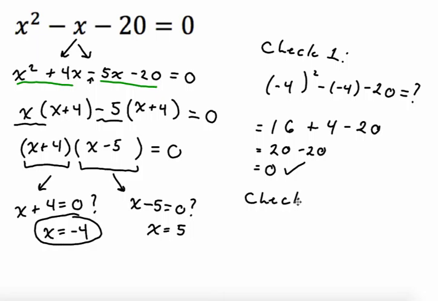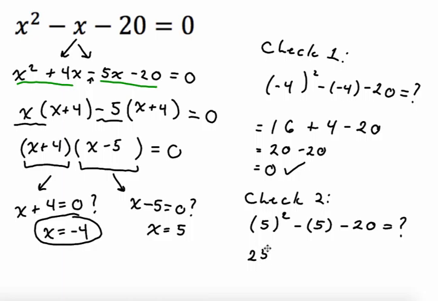Okay, so that's 1, but we need to check 2 of them. So check number 2. Now, what if x were equal to 5? Well, it'd be 5 squared minus 5, subtract 20, and the question is, what is that equal to? And I'm hoping it's going to be equal to 0. So 5 squared, what is that?